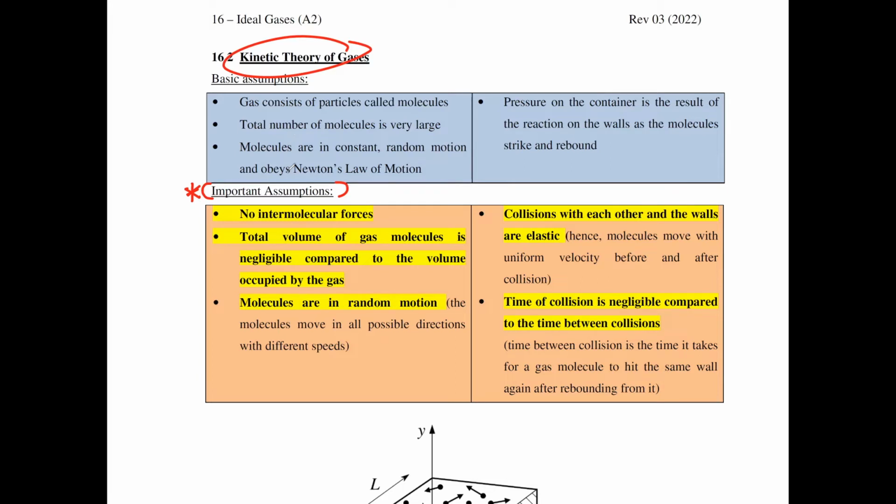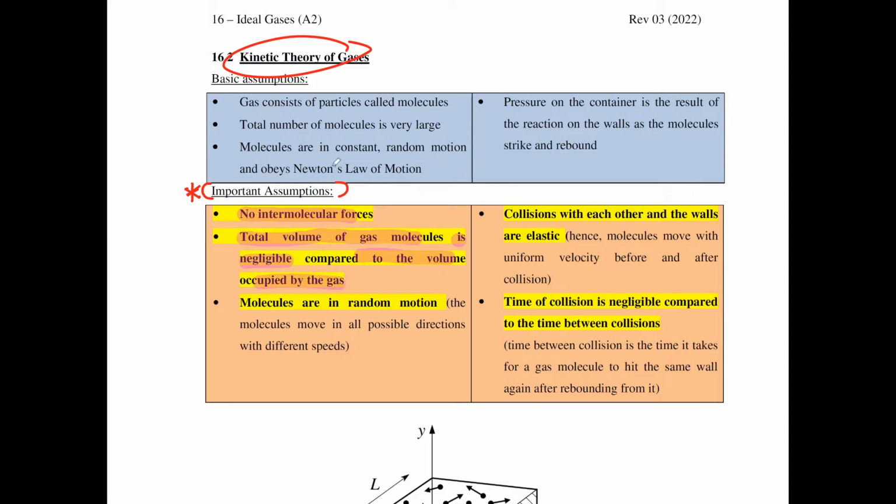So the first assumption for kinetic theory of gases is that the gas molecules have no intermolecular forces. This is number one. And then number two, the total volume of gas molecules is negligible compared to the volume occupied by the gas.